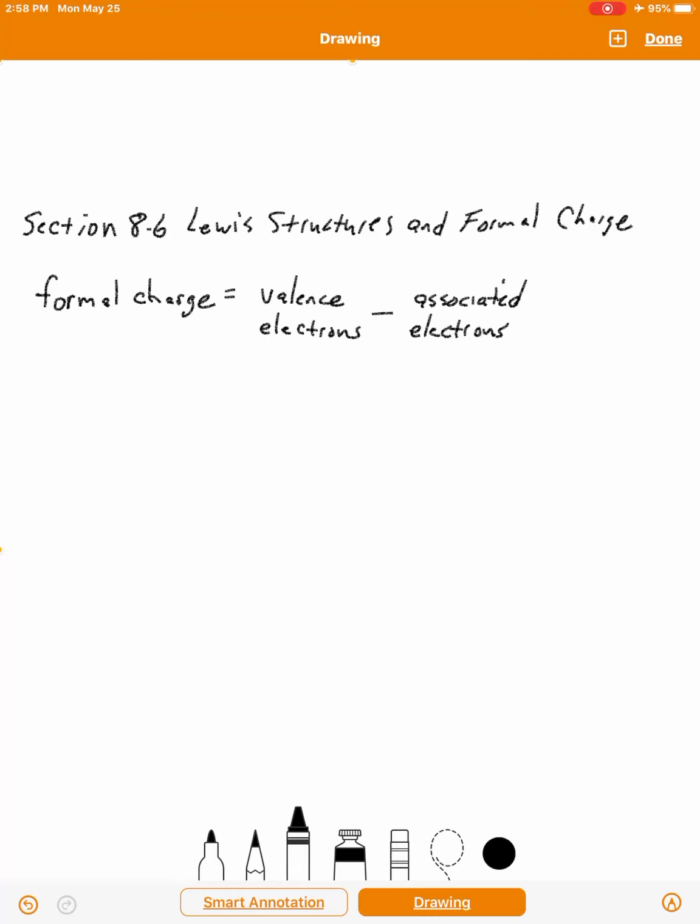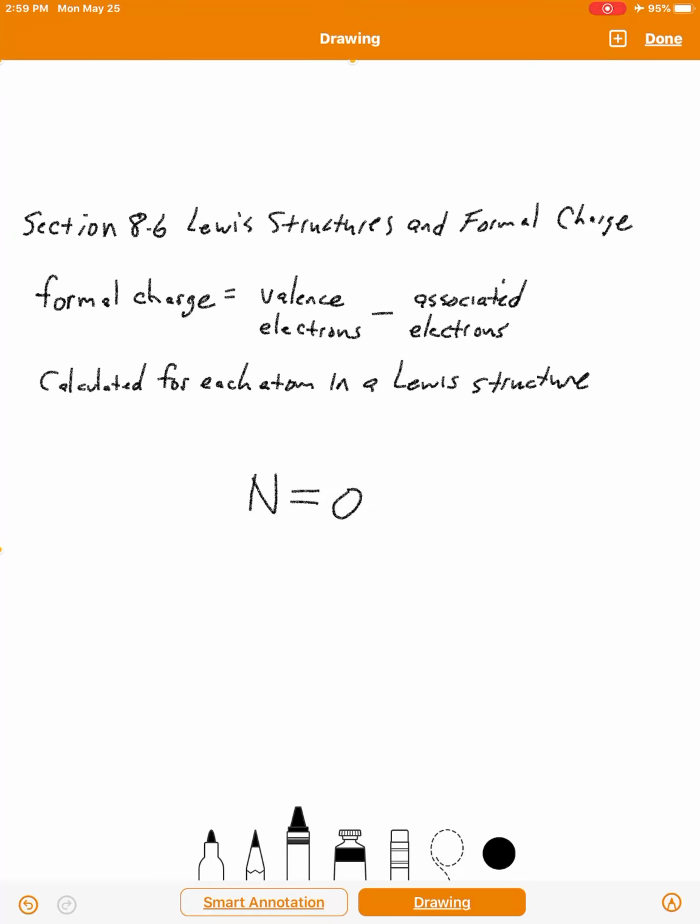And so the trick here is to figure out what we mean by associated electrons. Okay? So formal charge is calculated for each atom in a Lewis structure. And so they're represented in a particular way. So let me show you a Lewis structure.